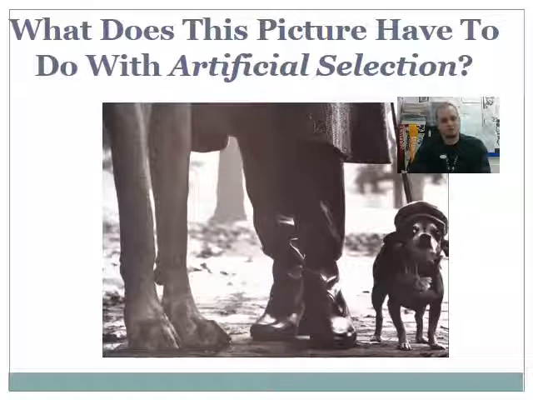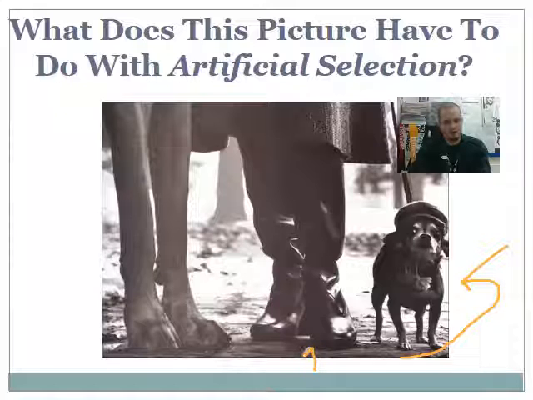We got a dog over here, this little guy. We have a woman, and then we also have another, wait a minute, that's a dog. So we have two dogs here, one very tiny, one quite gigantic.